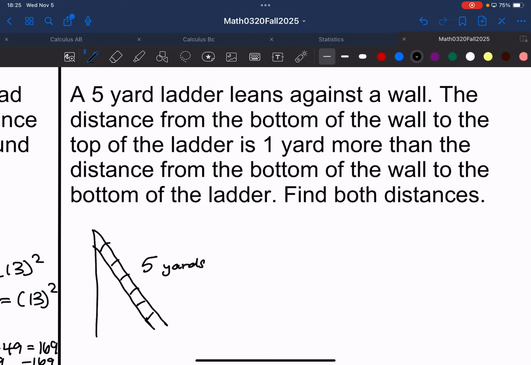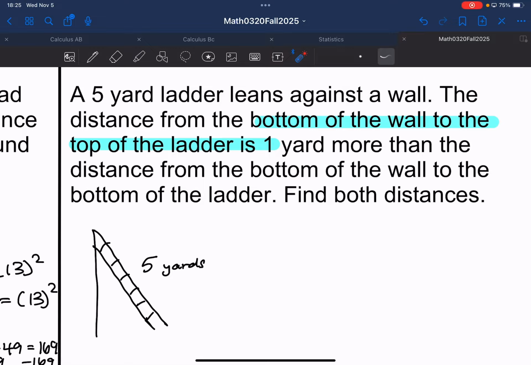Okay, so this part right here where it's saying bottom of the wall to top of the ladder, is it talking about this one or this one? The first one or the second one? First one. The first one, okay? So here it's giving us some sort of equation to use.